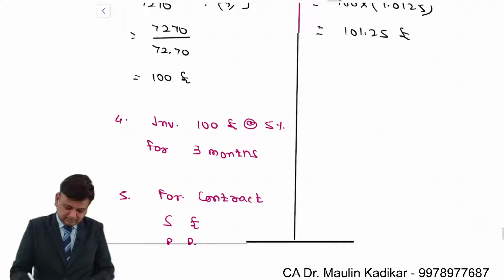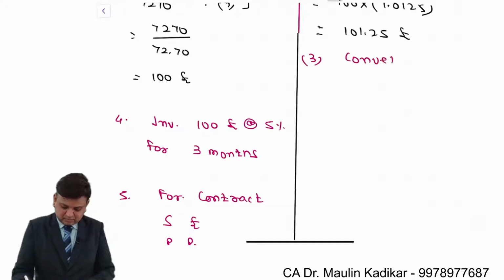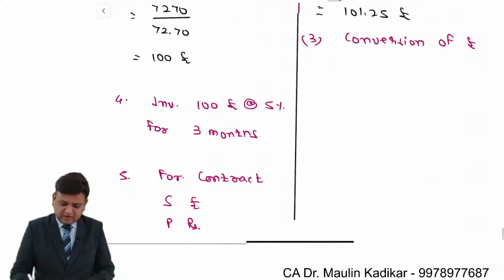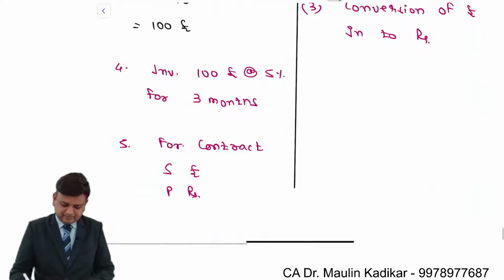Third, conversion of pound into rupees. Spot exchange rate is 72.60 slash 72.70.